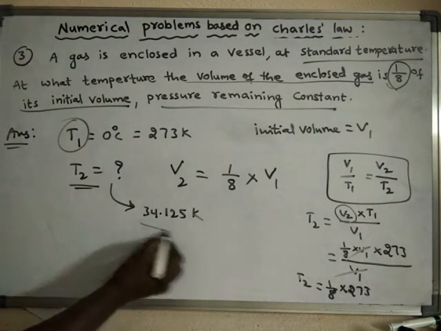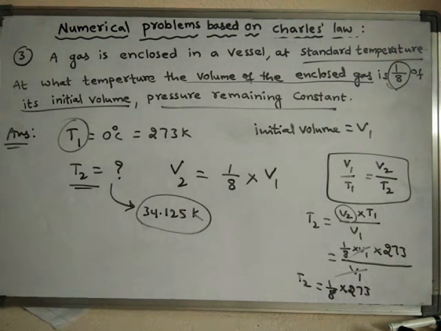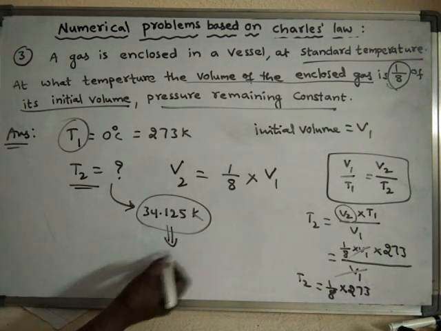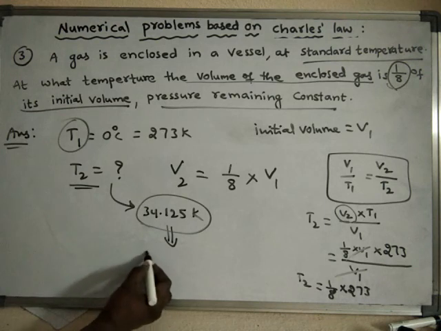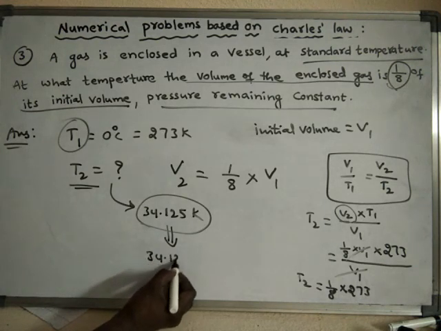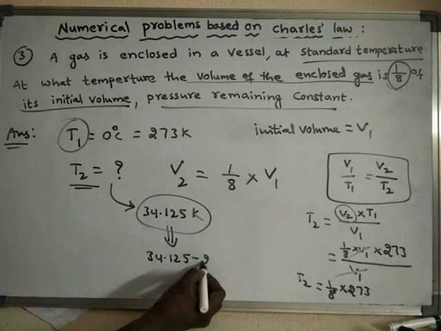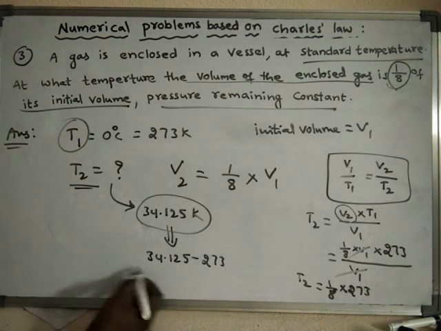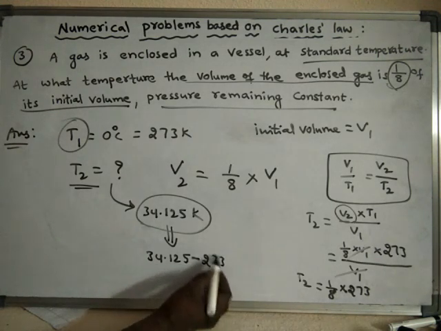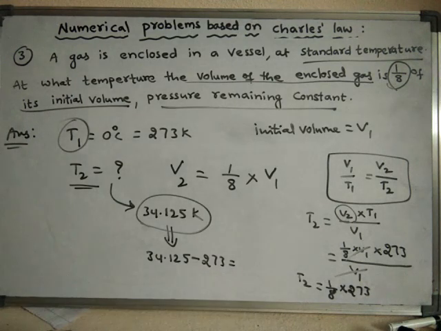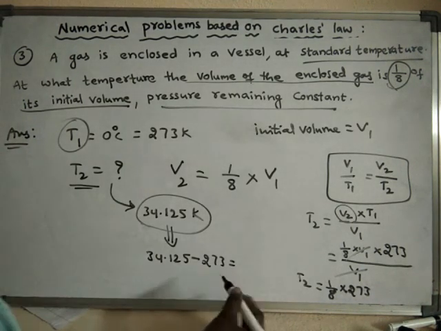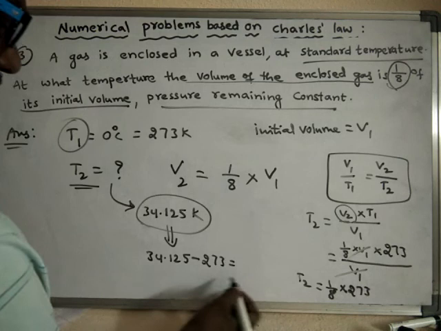So to express this temperature in degree centigrade, from this value we subtract 273, and finally we get the answer in degree centigrade.